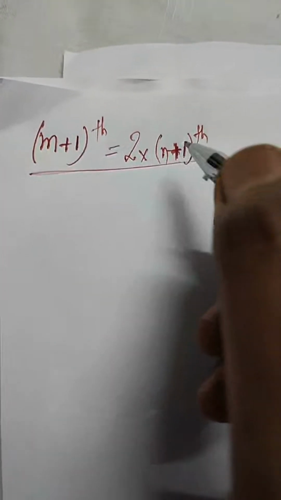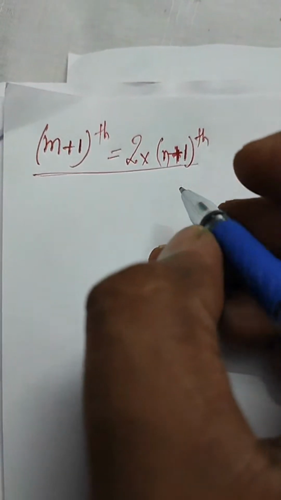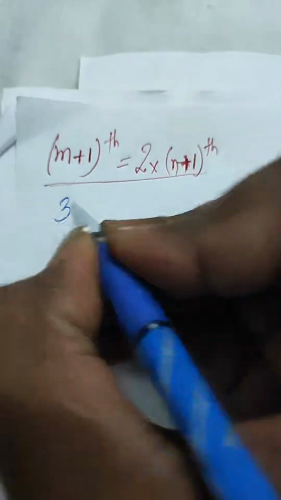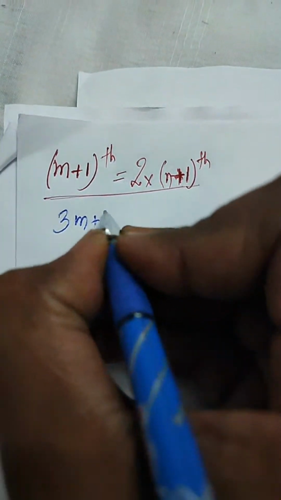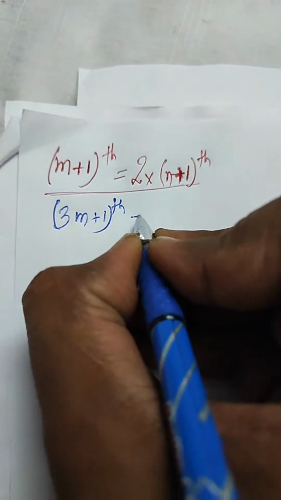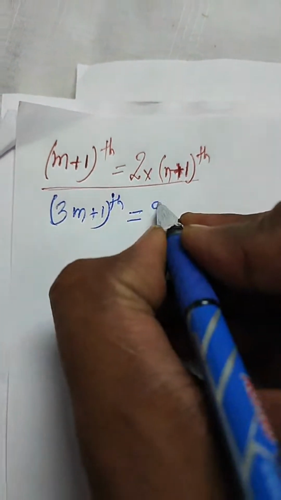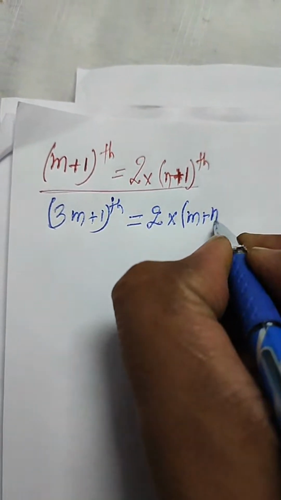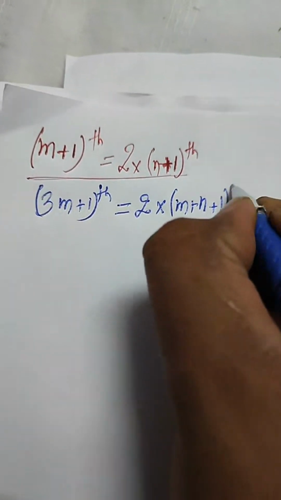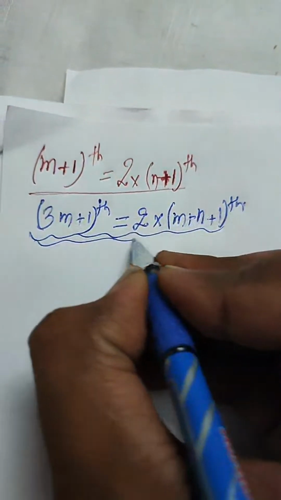After that we need to prove that 3m plus 1th term is twice the m plus n plus 1th term. This we need to prove.